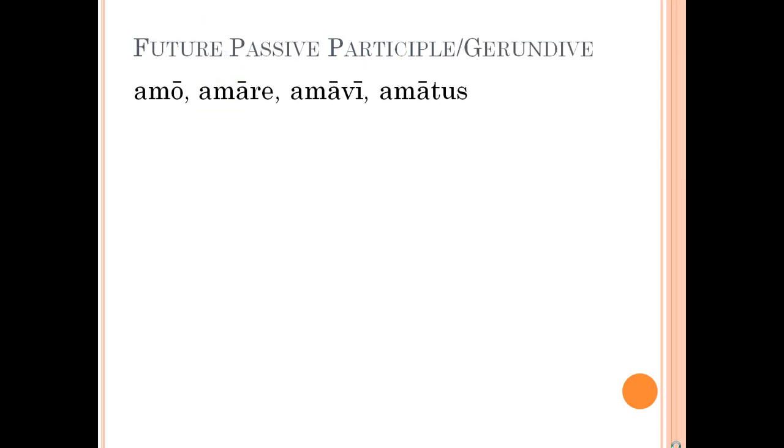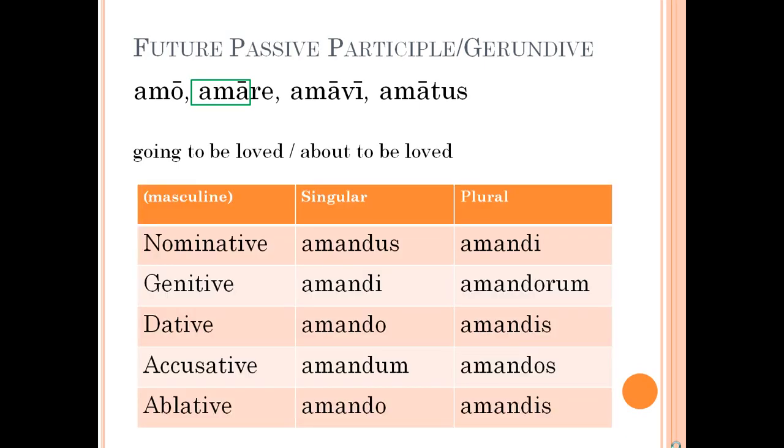The other participle that comes from our infinitive is the future passive participle, which is also called the gerundive. It's future and passive, so the translation is going to be "loved" or "about to be loved." It's got that future idea, it's got that passive idea in it. We'll use the same stem from the infinitive, and then we just add our special endings to show us it's a gerundive. Gerundives have second and first declension endings, so I picked the masculine: -us, -i, -o, -i, -orum, -is, -os, -is.